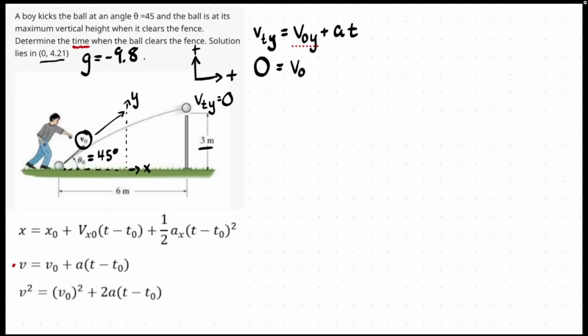This going up the side is the sine of 45, and this is the cosine of 45, times V0 here. So if we want to represent the vertical velocity initially, then this has to be V0 sine of 45.